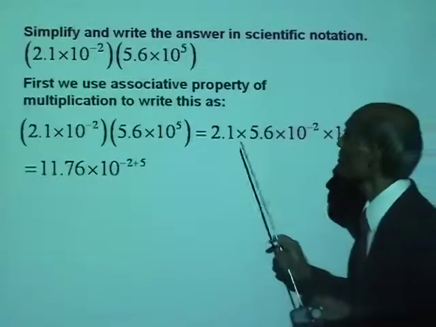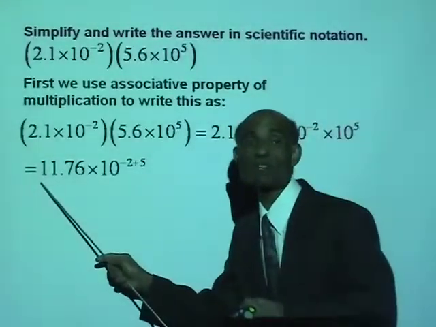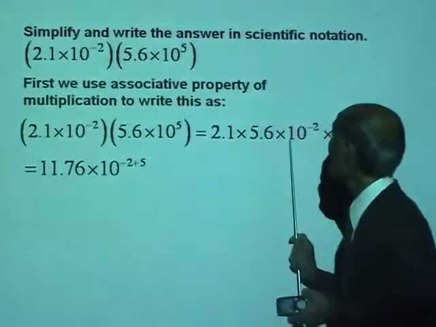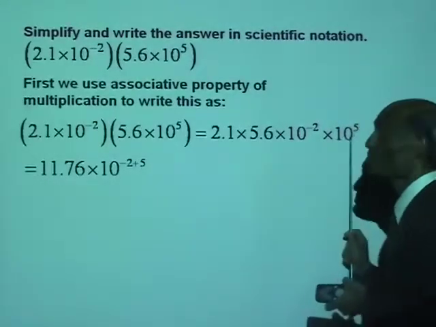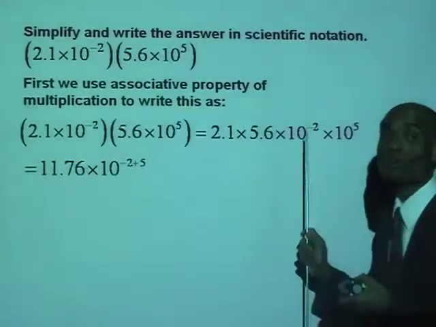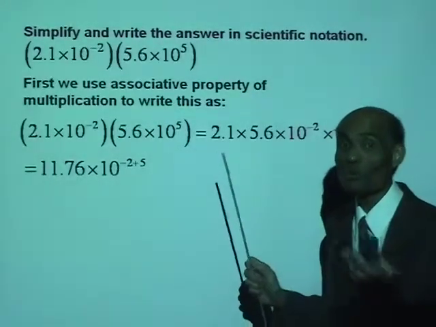Alright? 2.1 multiplied by 5.6 is 11.76. And 10 to the power of negative 2 multiplied by 10 to the power of 5. The bases are the same. What do we do to the exponents therefore? What is the product rule?